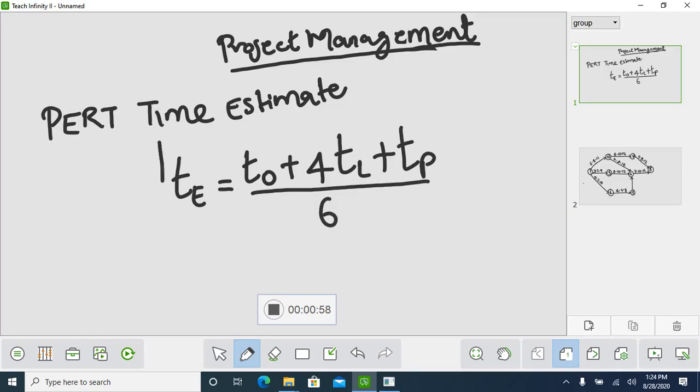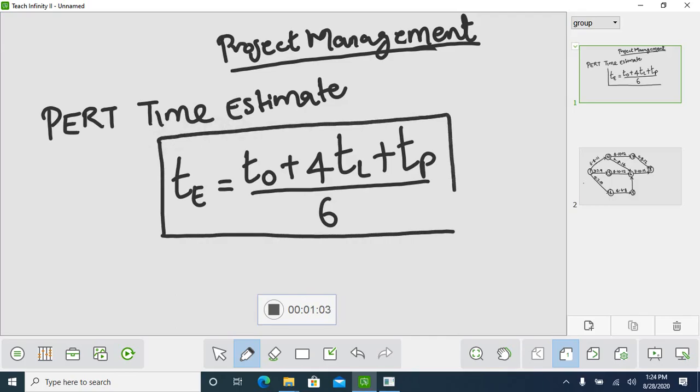So this is the main formula for time estimate. Using this only we are going to solve the PERT time estimate problem.